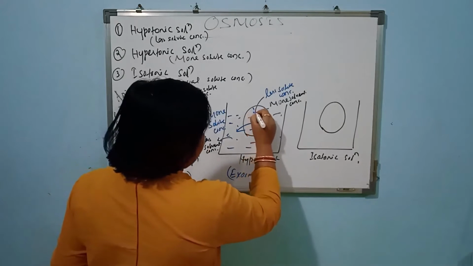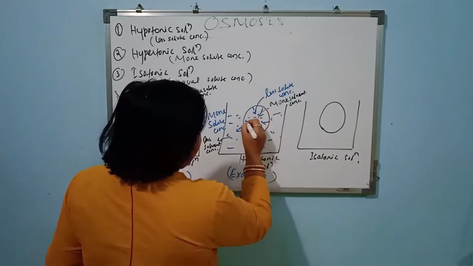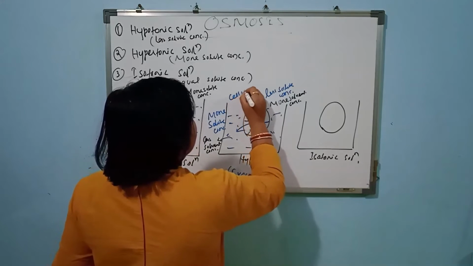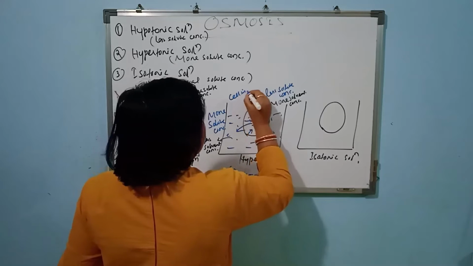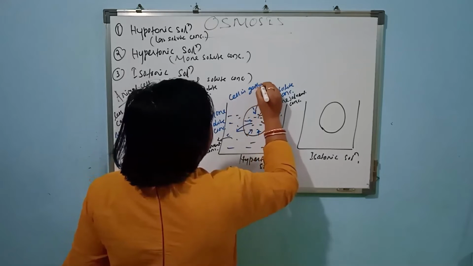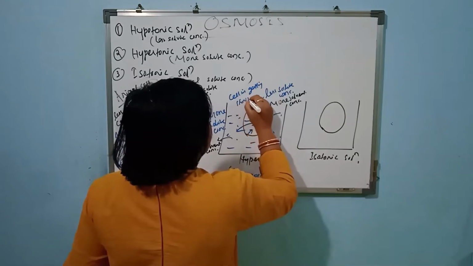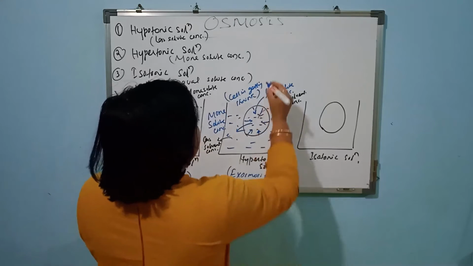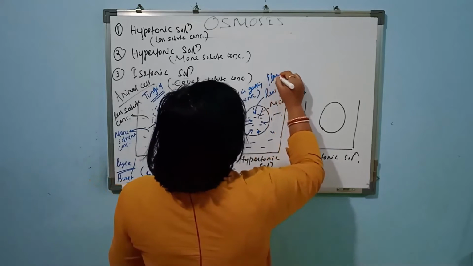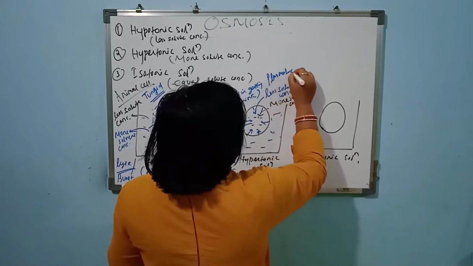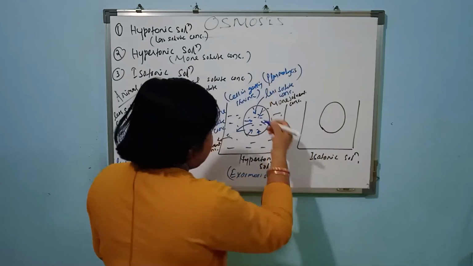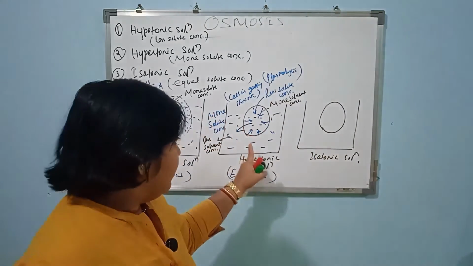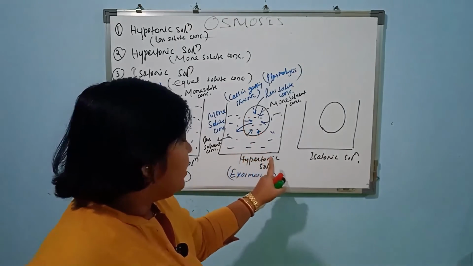The cell is shrinking. Or you can say this condition is plasmolysis. Here the cell is losing water when you keep the cell in hypertonic solution.